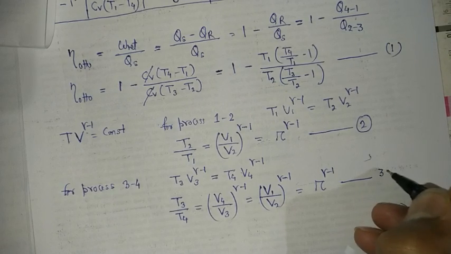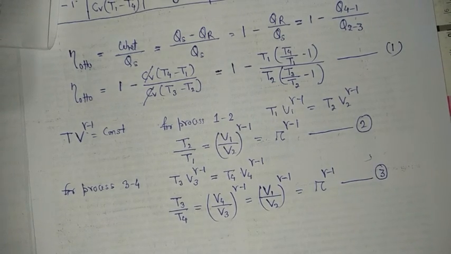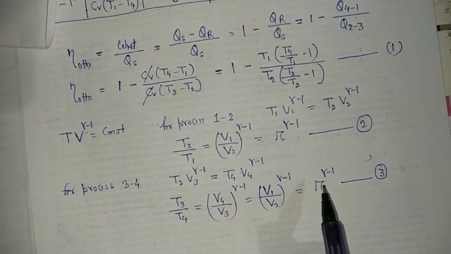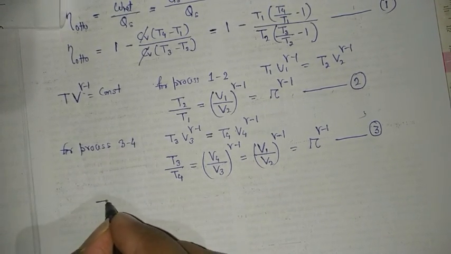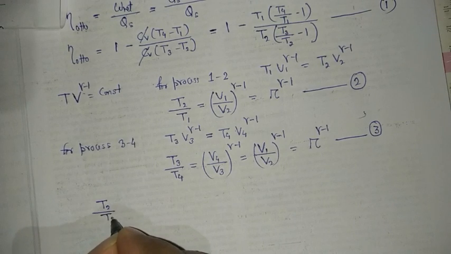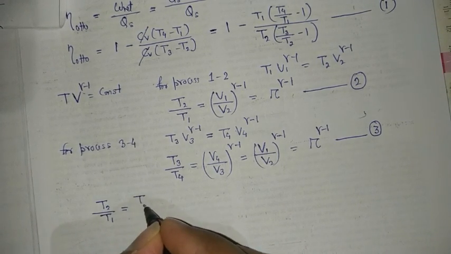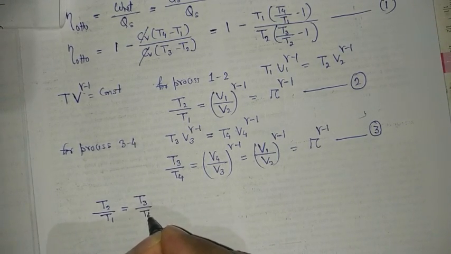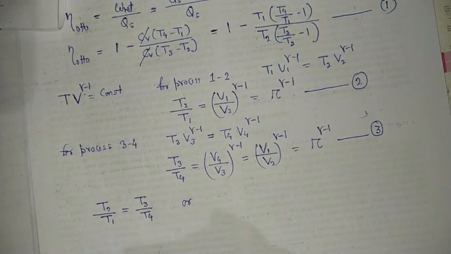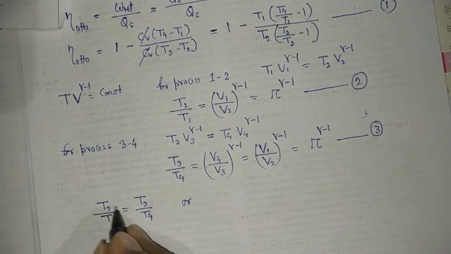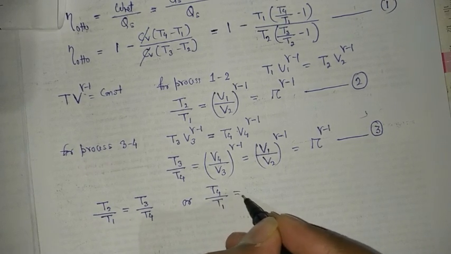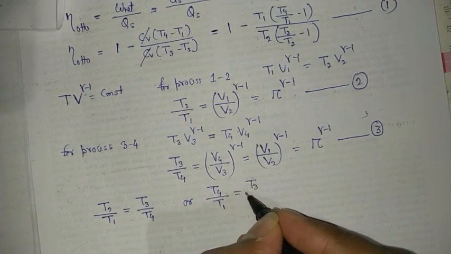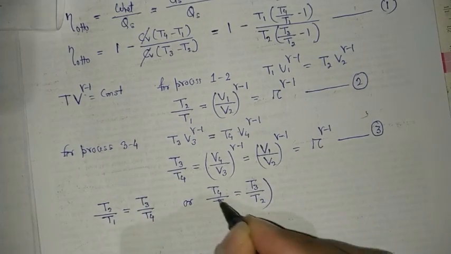This is equation 3. So from equation 2 and 3 we can conclude that T2 by T1 is equal to T3 by T4, or T4 by T1 is equal to T3 by T2.